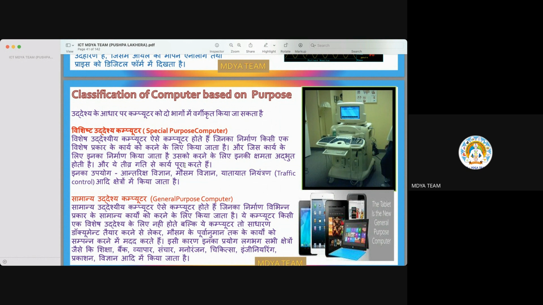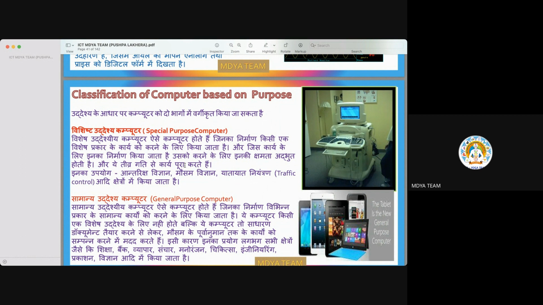And traffic control of very huge and very busy traffic in big cities. So some special purpose computers are made. They are designed accordingly, like here it is shown in the figure.